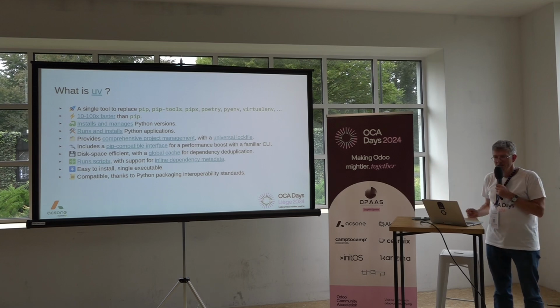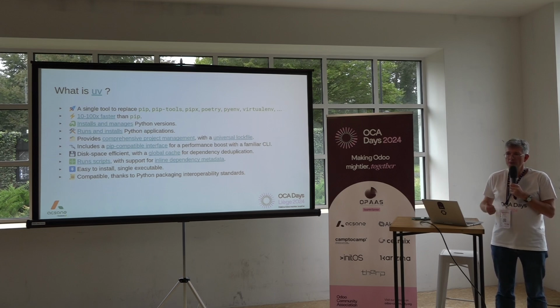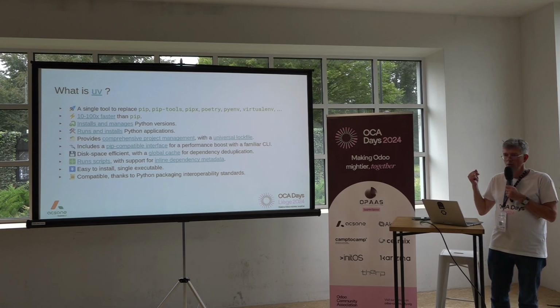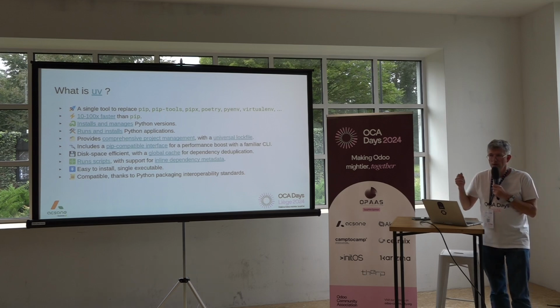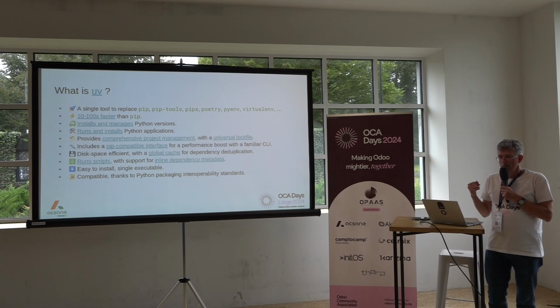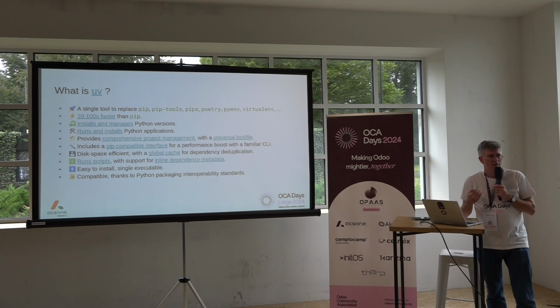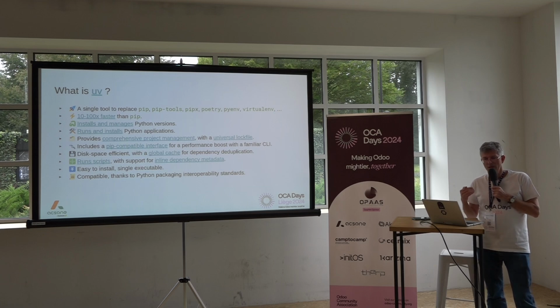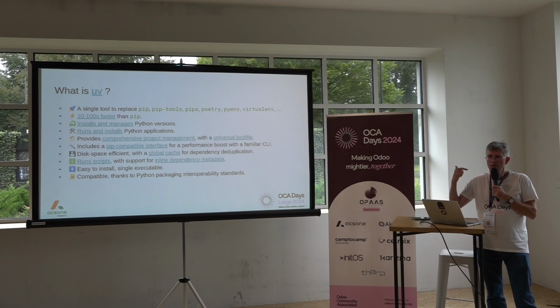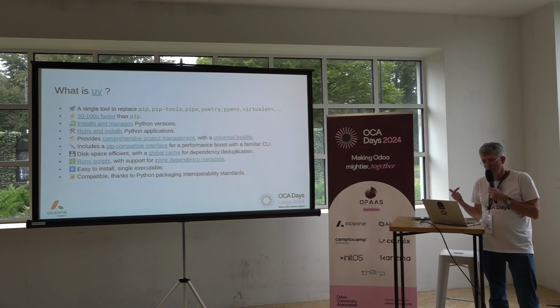Their goal is to replace pip-tools, which freezes dependencies, pipx, poetry, tools to install Python for you, virtualenv and so on. The thing is, it's really fast. Those guys are crazy: it's written in Rust, but most importantly it uses very advanced and aggressive caching techniques that make it very, very fast, more than the fact that it's written in Rust.